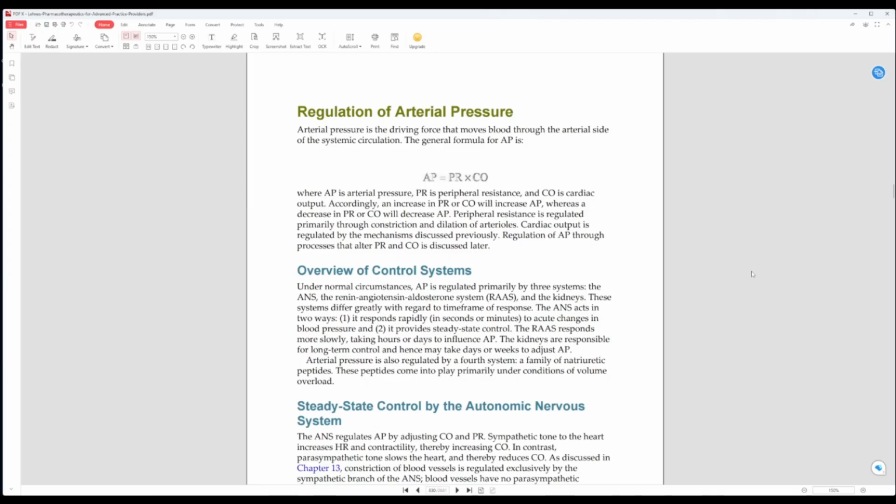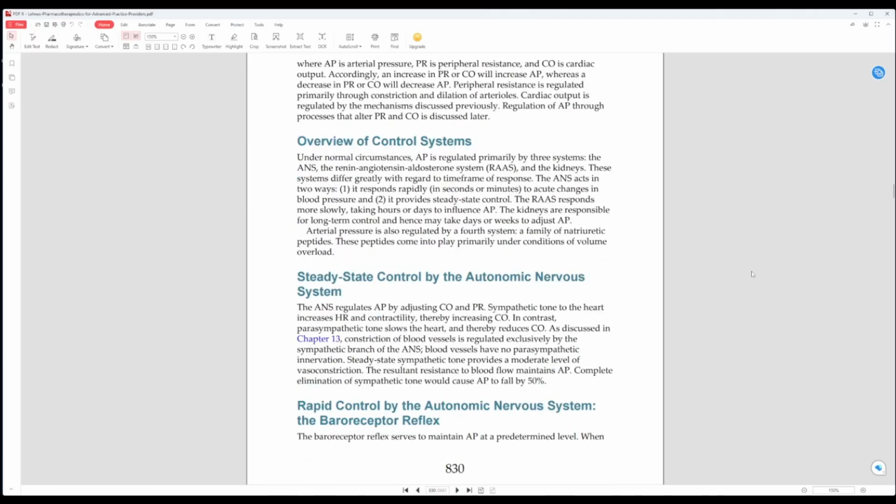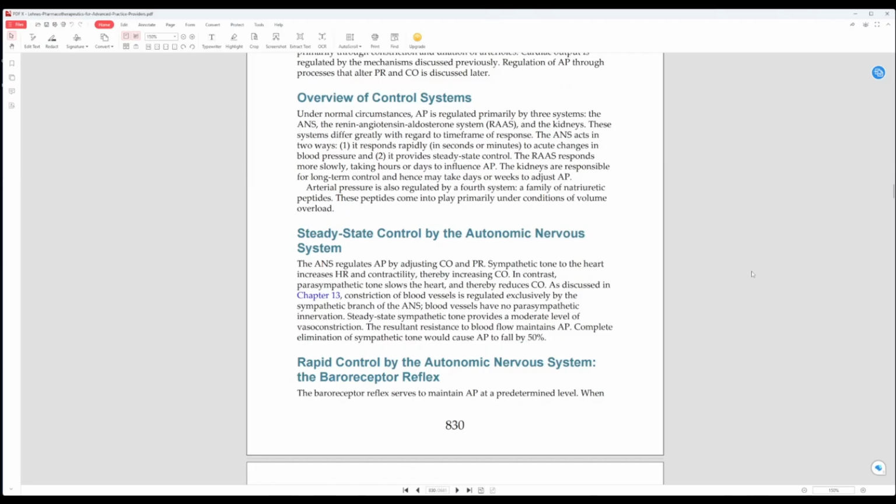So, your overview of control systems. Under normal circumstances, arterial pressure is regulated primarily by three systems: the ANS, the Renin-Angiotensin-Aldosterone system, and the kidneys. These systems differ greatly with regard to time frame of response. The ANS acts in two ways.